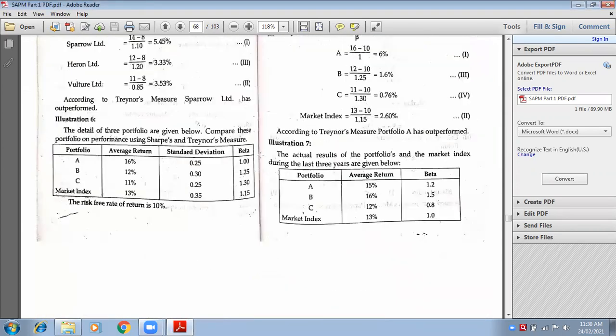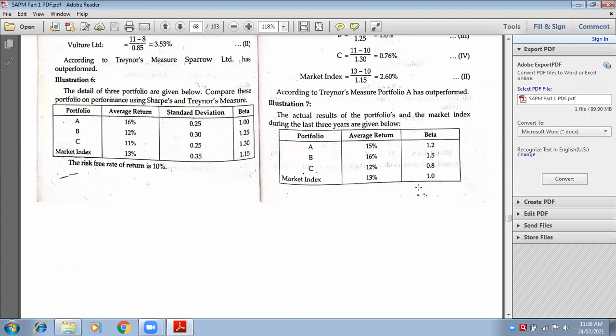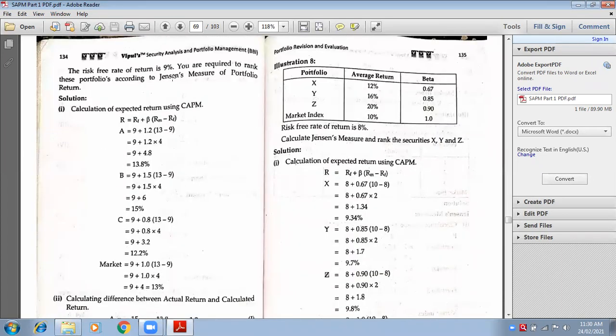So, now see A, beta is 1.2. Can you see the beta? It is 1.2. And RF is the same for everyone: A, B, C and market. Risk-free rate of return is 9%. So here RF is 9 plus beta 1.2 times bracket. What is RM?